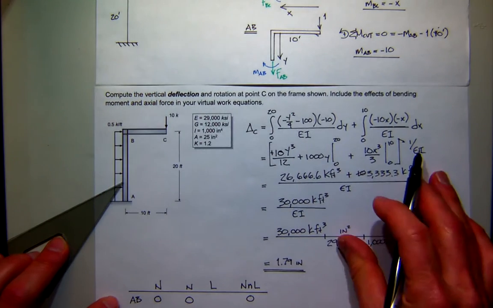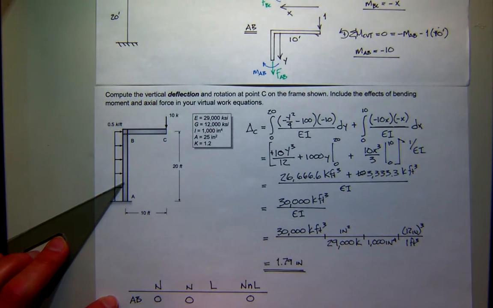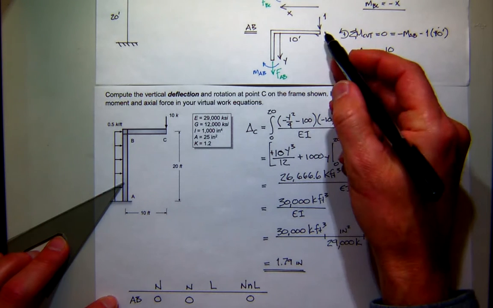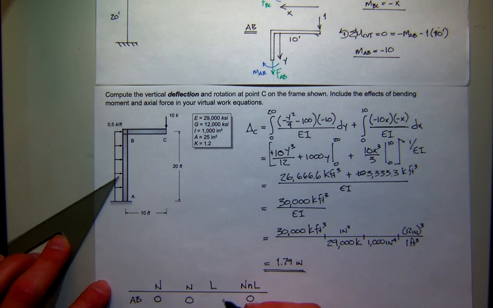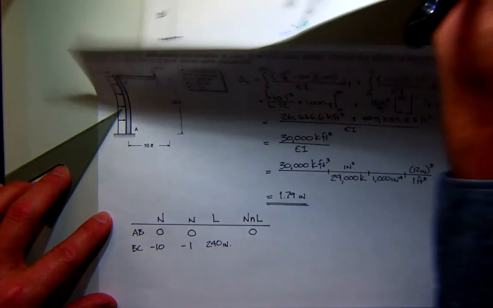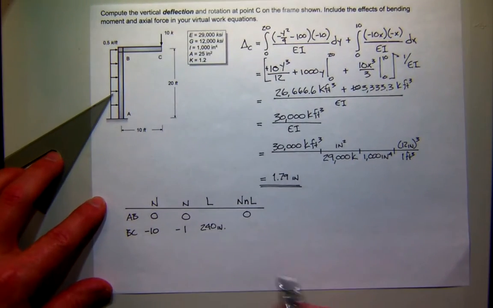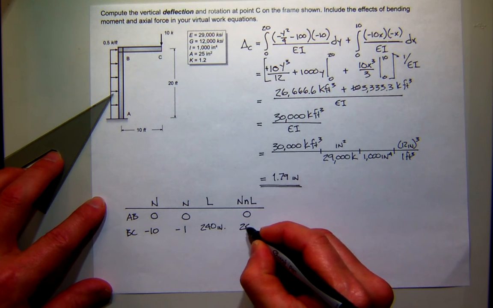In BC, the real force was -10, and the virtual force here was -1. And what's the length? The length is 20 feet, but we want to do it in inches, so that'll be what, 240 inches? So it'll be 240 times 1 times 10, so it looks like 2,400.